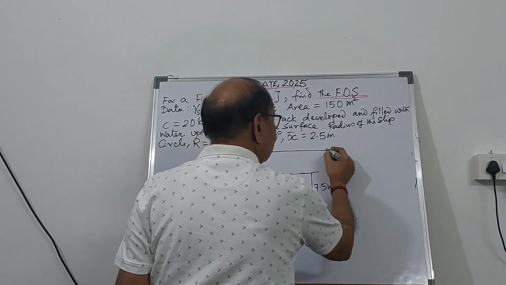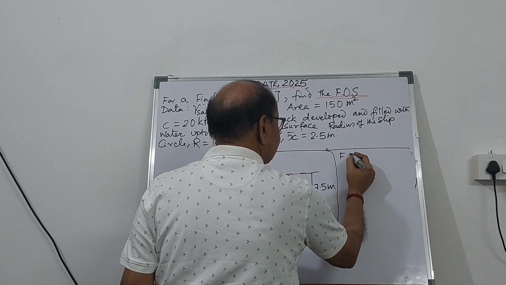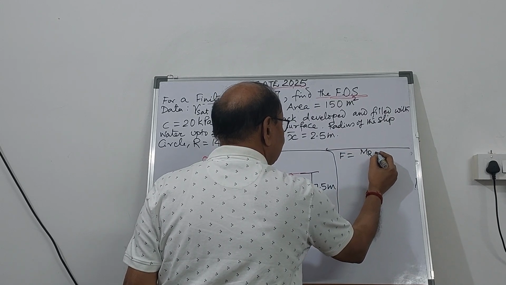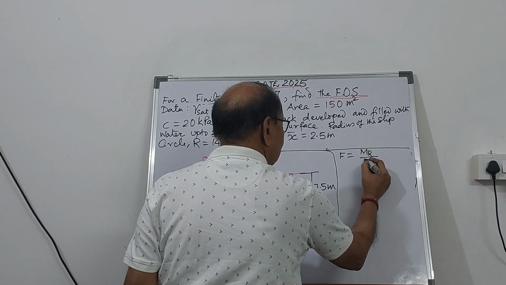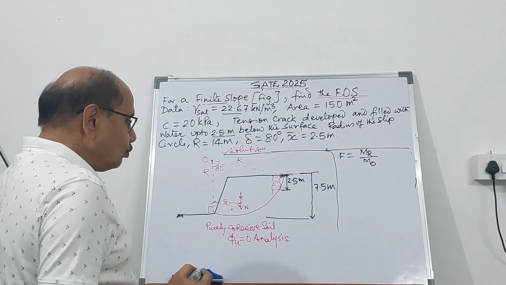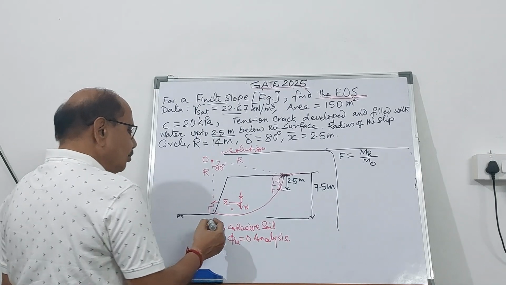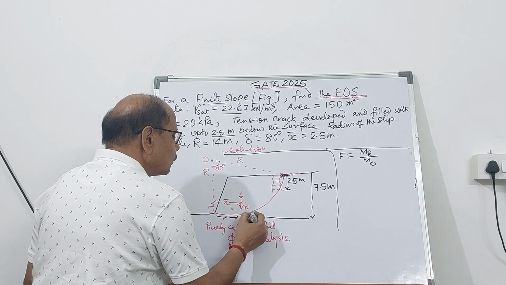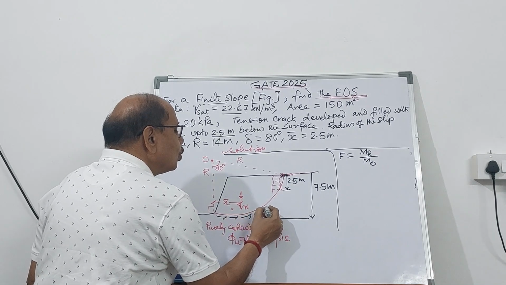The factor of safety will be resisting moment over overturning moment. Now the resisting moment will come into picture because of the cohesion.